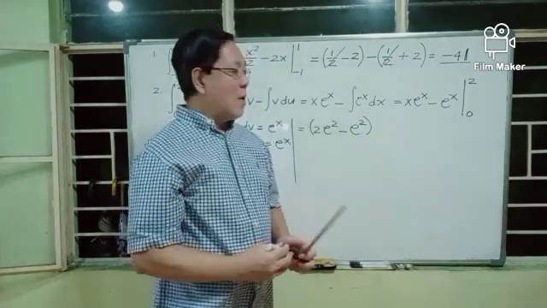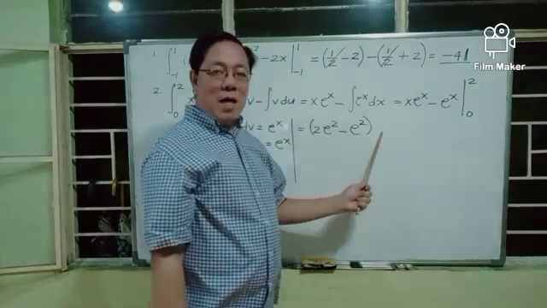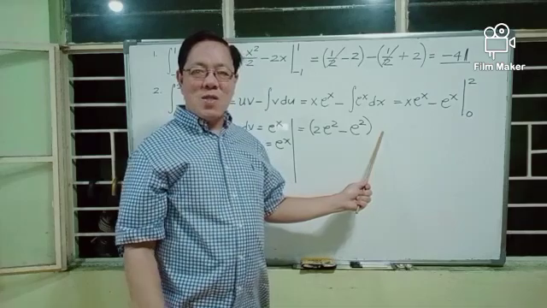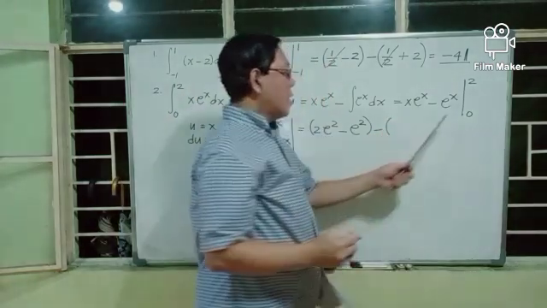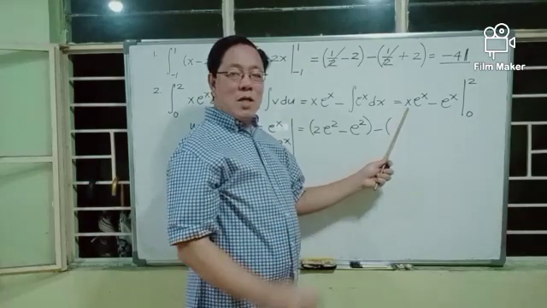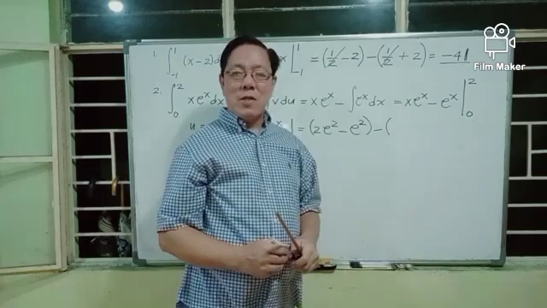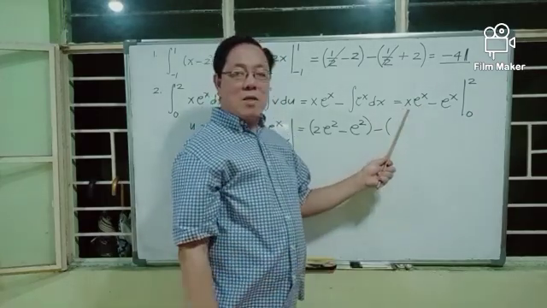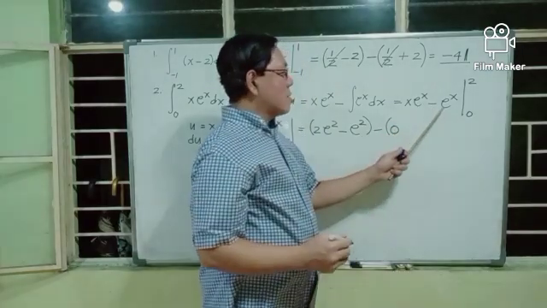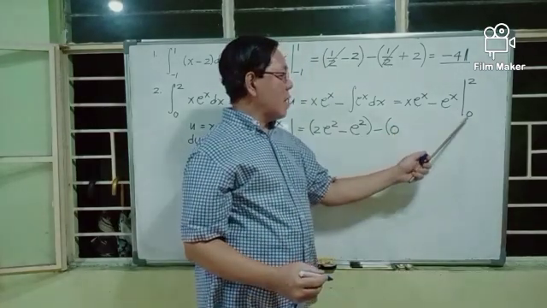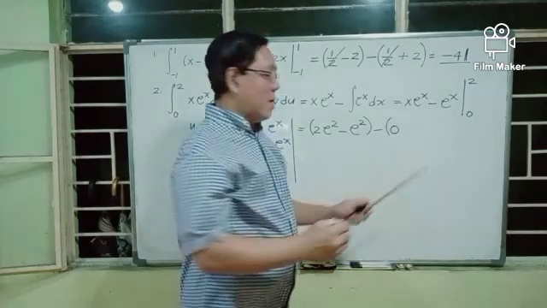Now we evaluate the same expression when x is 0. Minus, it's always minus. When x is 0, you have 0 multiplied by e to the 0. E to the 0 is 1, but multiplied by 0 is 0. Minus e to the 0, x is 0, and e to the 0 is 1. So we write minus 1.